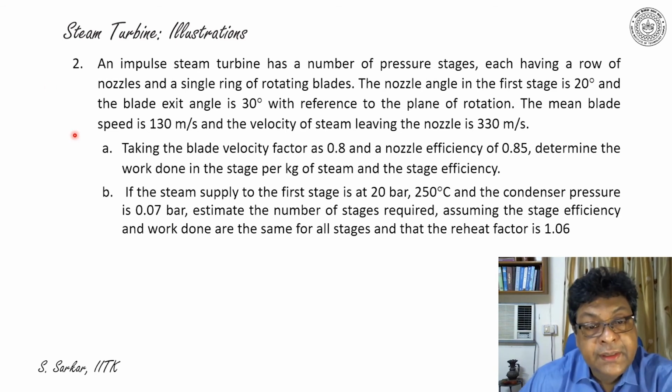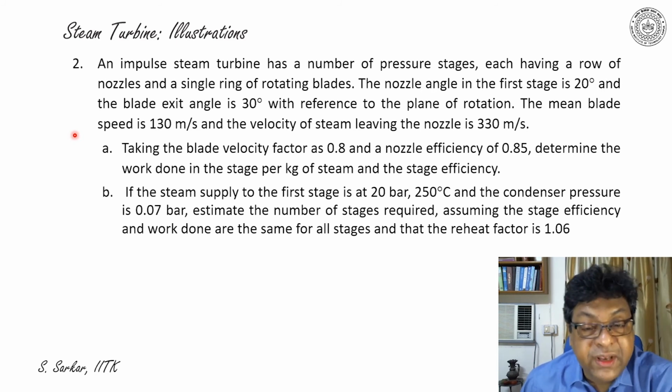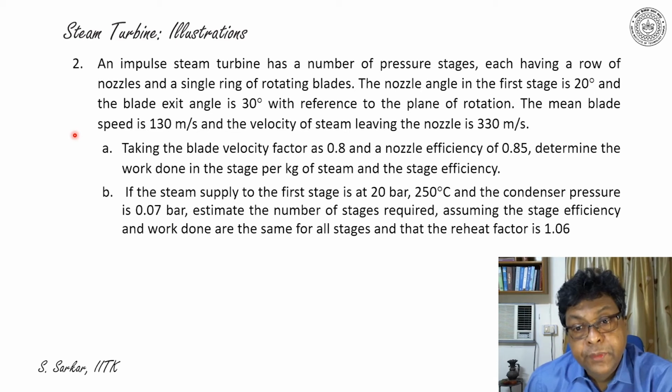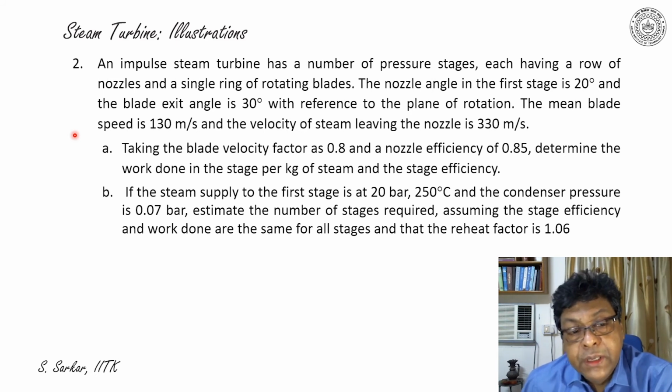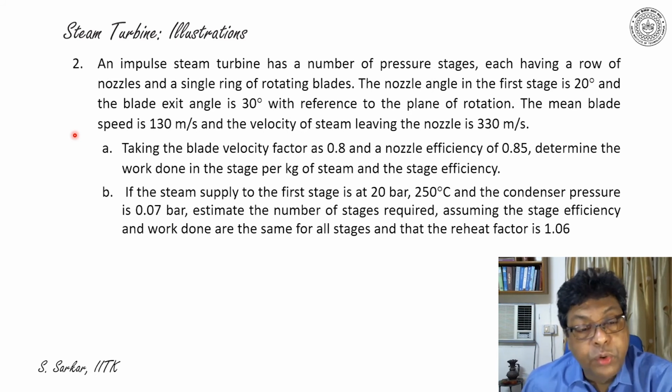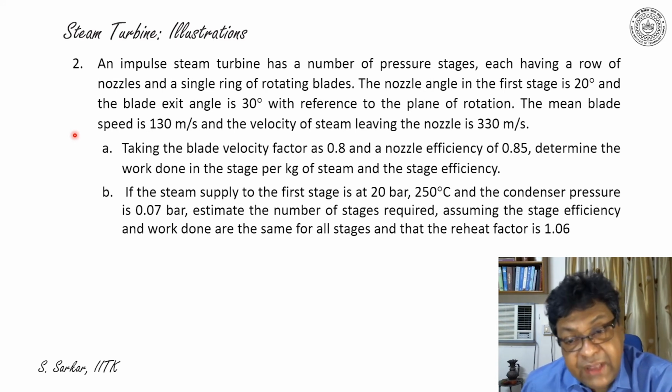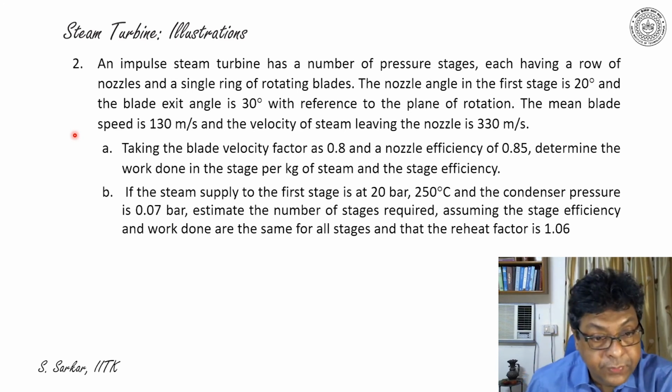Part A: taking the velocity factor as 0.8 and the nozzle efficiency as 0.85, determine the work done in the stage per kg of steam and the stage efficiency.